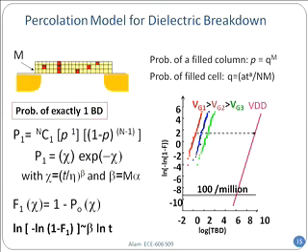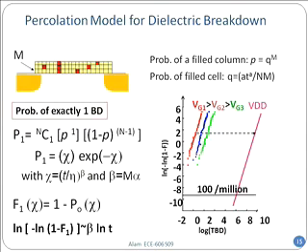What is that? That the remaining n minus 1 are not shorted, right? That's a simple binomial expression.